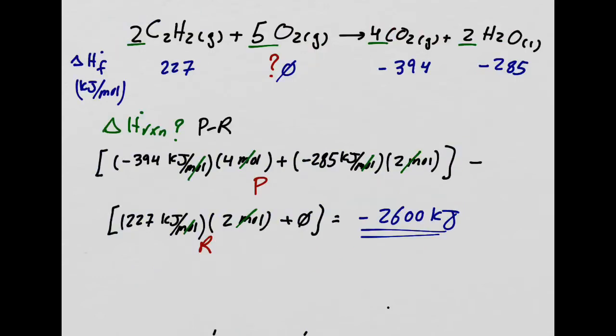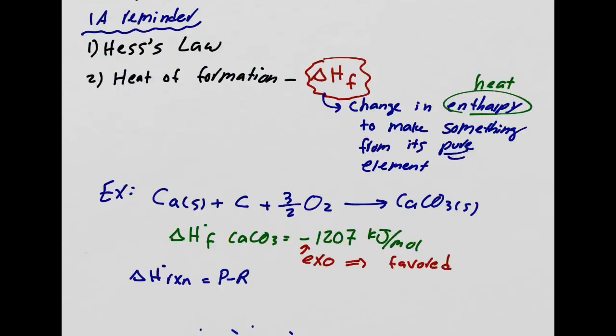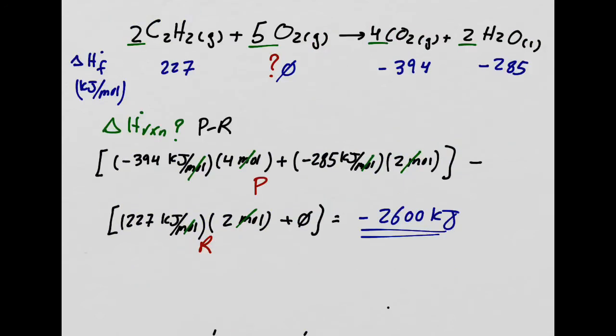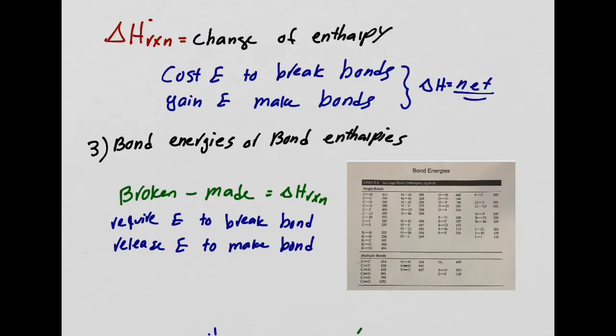And we said every time you have a negative delta H of the reaction, that's favored. Product minus reactant, we did a practice problem. This is easy. Just don't forget that you have to multiply it by the coefficient. And then we said that another way to figure out and estimate the delta H of the reaction is the bond energy, broken minus made.